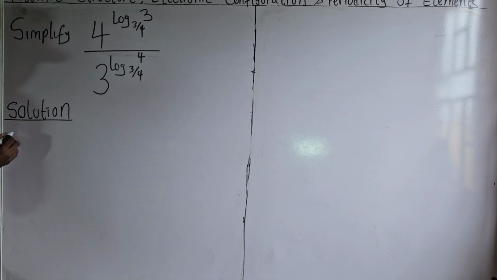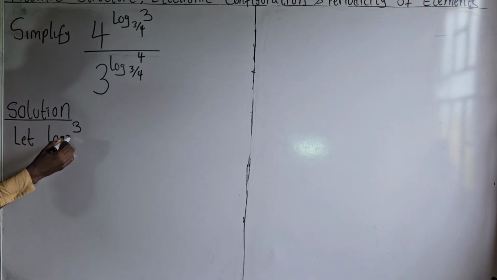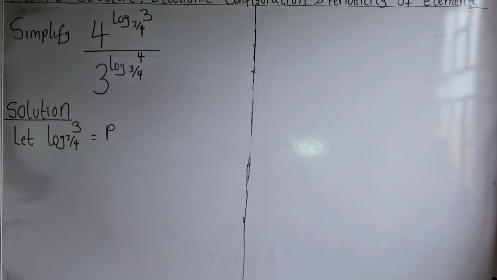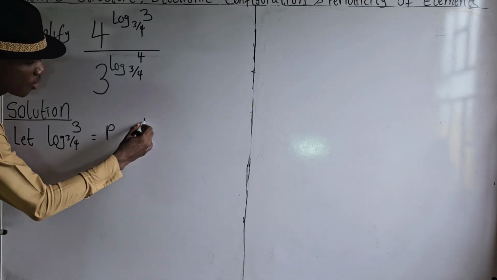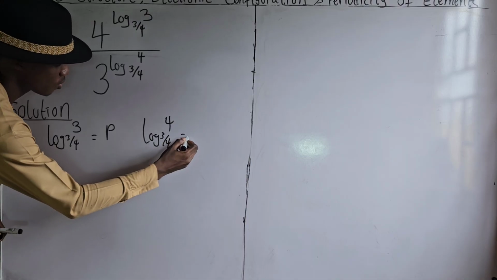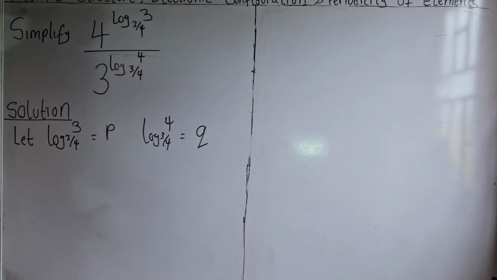The first step is that let log 3 base 3/4 be equal to p. Are you getting it? And let log 4 base 3/4 be equal to q. Are you following?